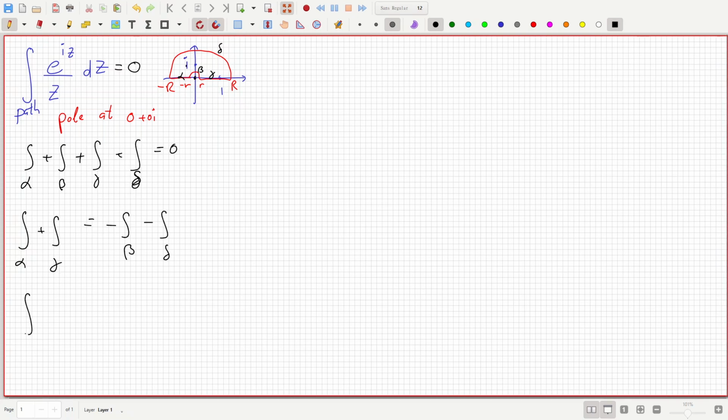Or for brevity, the alpha plus gamma integral, e^(iz)/z dz, will equal minus the beta integral of e^(iz)/z dz, minus the delta integral of e^(iz)/z dz. Now we'll have to talk about path parameterization.